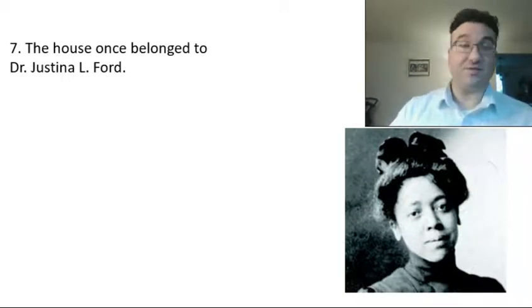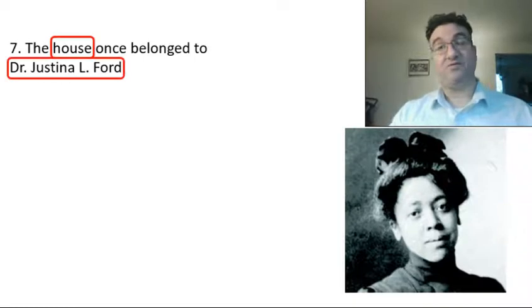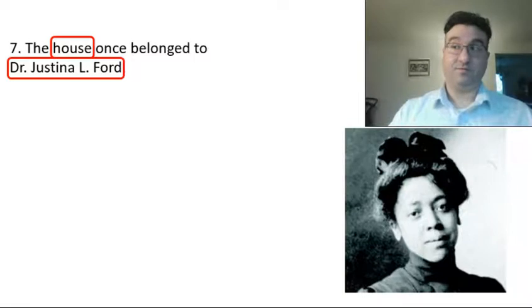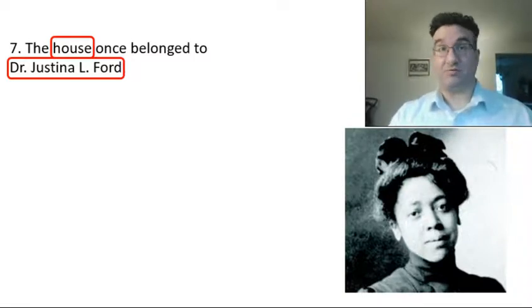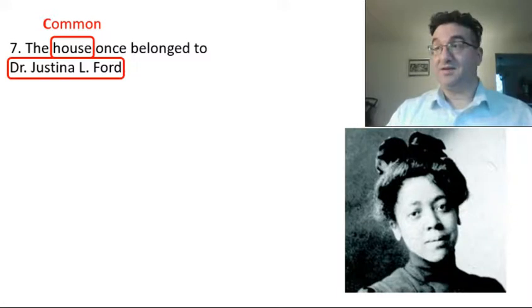You can see her in the picture there. We have 2 nouns, house and Dr. Justina L. Ford. Well, if we look at house, we ask the question, is it a general term or specific? It's a general thing, so it's common. Then Dr. Justina L. Ford, she's a specific lady, and so it's a proper noun.